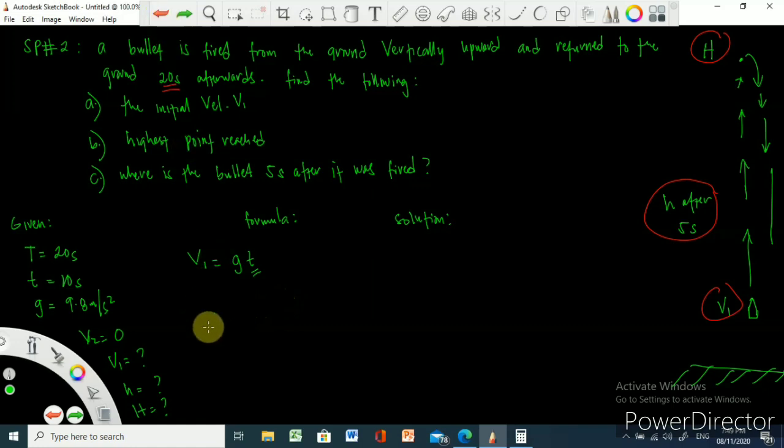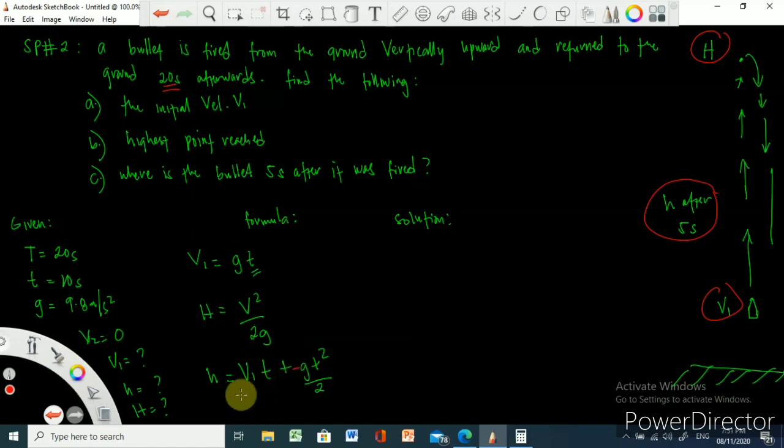So, once you have V1, you can now easily get H. It's just V squared over twice the gravity. Right? And then h is equal to the general equation of motion, V1 times time plus gt squared over 2. I want you to understand that gravity is negative.